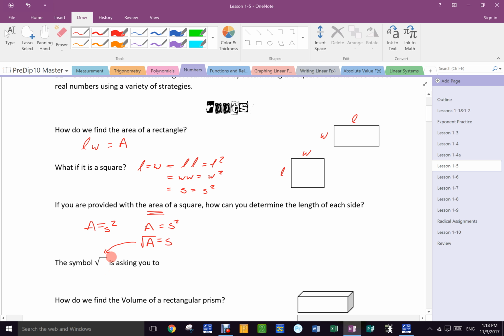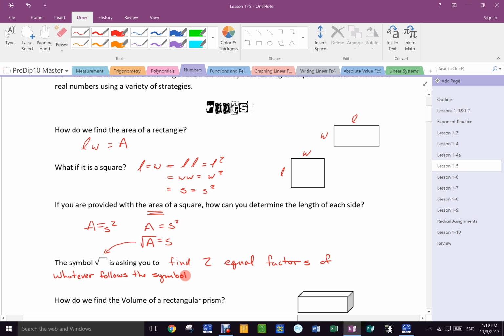So this symbol is asking you to find two equal factors of whatever follows the symbol.